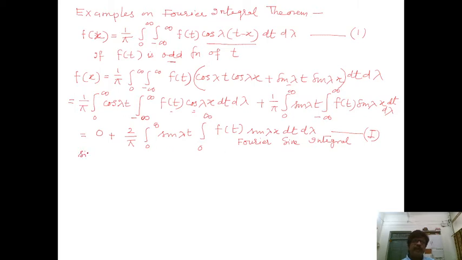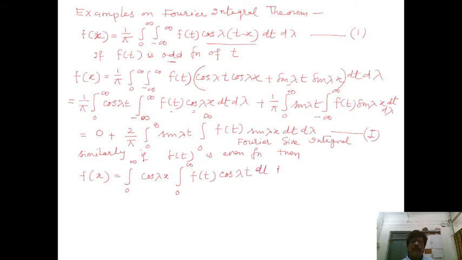Similarly, if f of t is an even function, then f of x reduces to integral 0 to infinity cos of lambda x into integral 0 to infinity f of t into cos of lambda t dt d lambda.